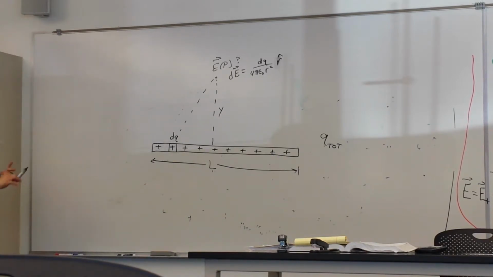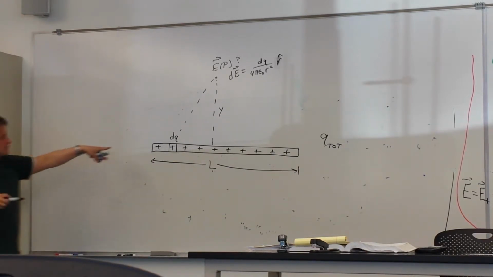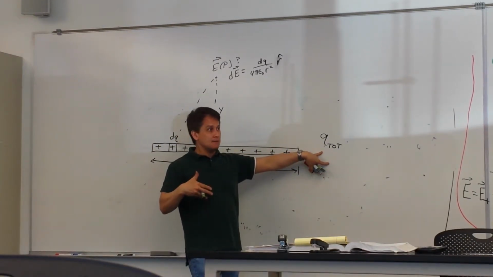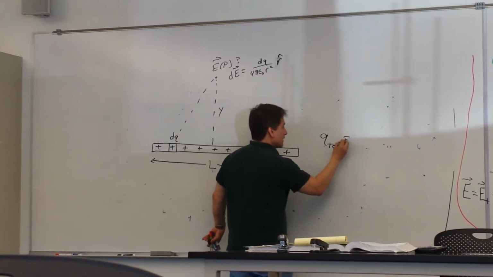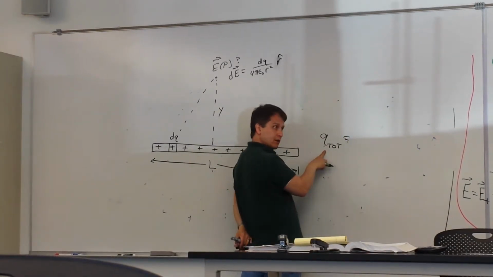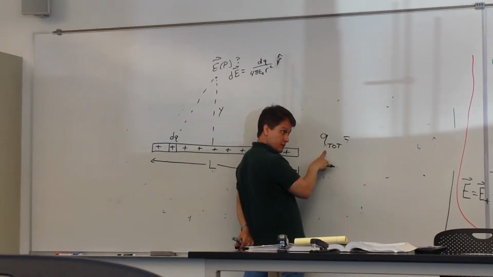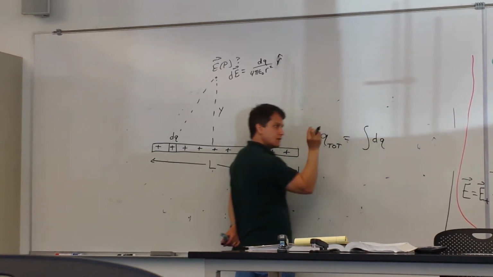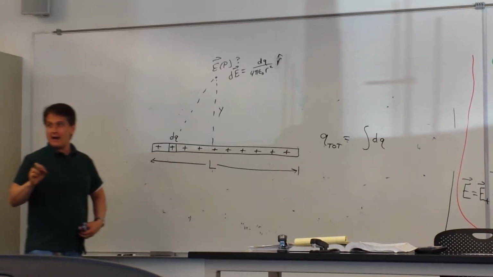So we have to look at how dq is related to the total Q, because ultimately that's what I'm concerned with. If I want to know what the total charge is, it's going to be equal to the sum of all of these little components of charge.